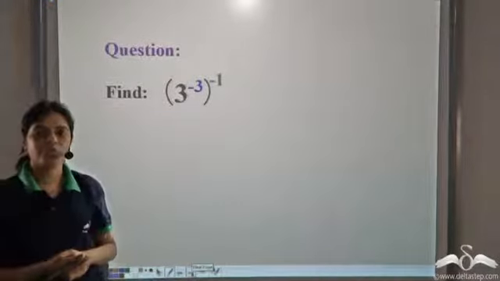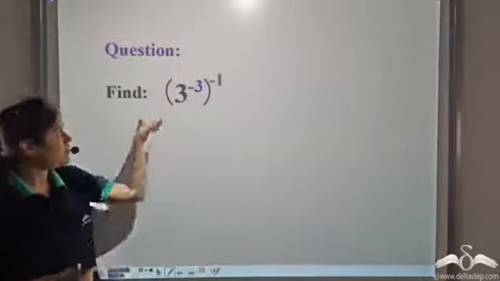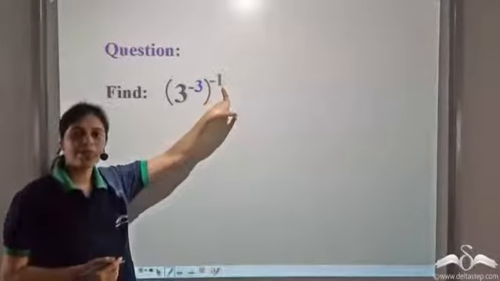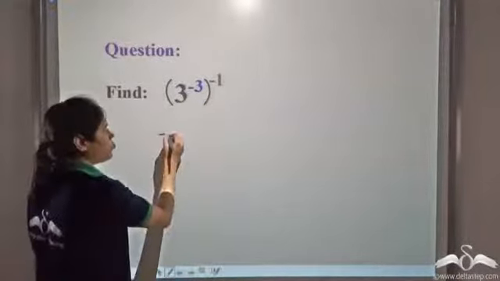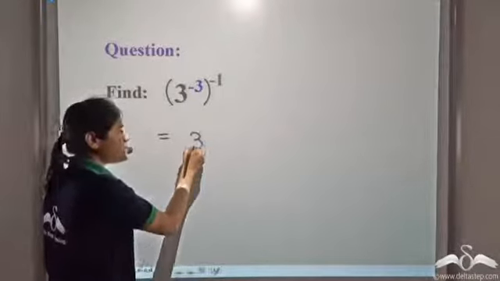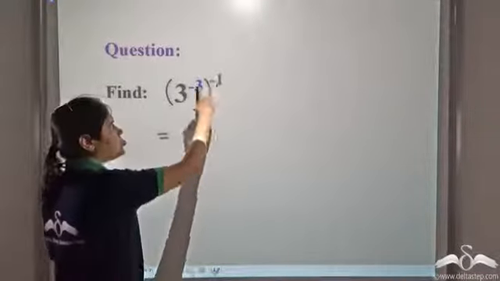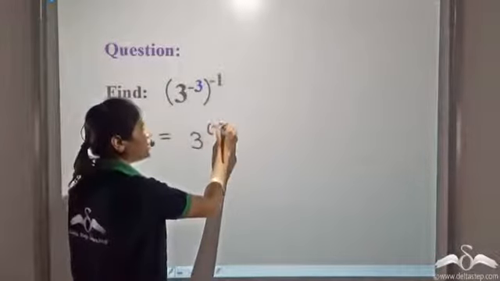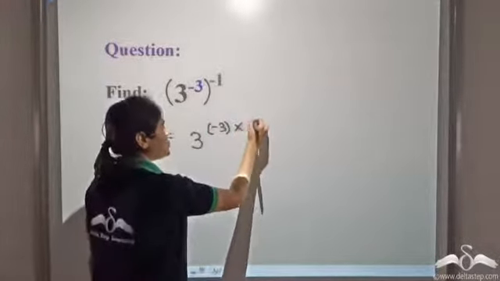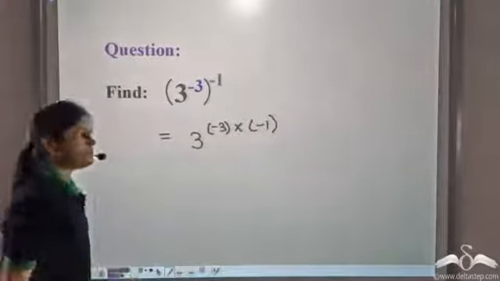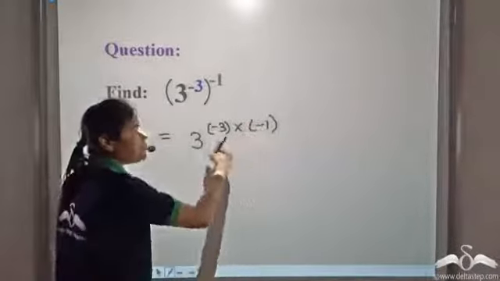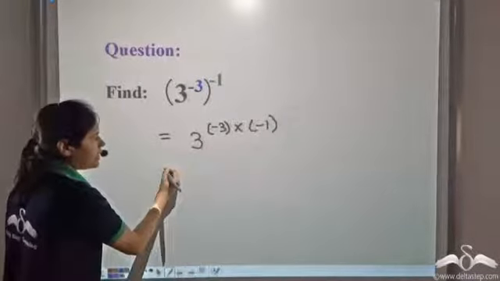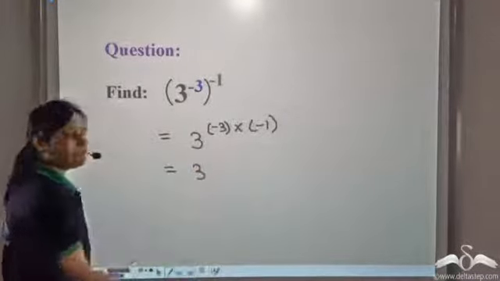Now can you answer this question? We have this exponential number raised to a power. So we know that we write the base as 3 and the powers should get multiplied. So this is 3 to the power negative 3 into negative 1. The powers are multiplied. Now negative 3 into negative 1 is equal to 3.